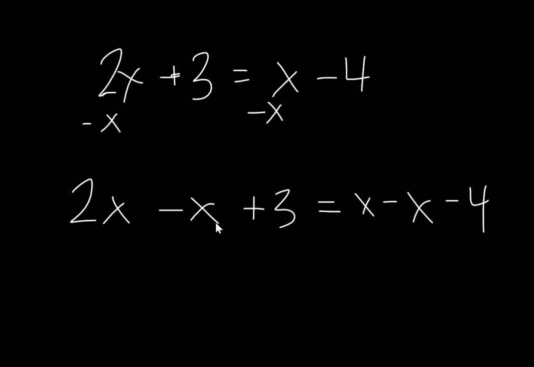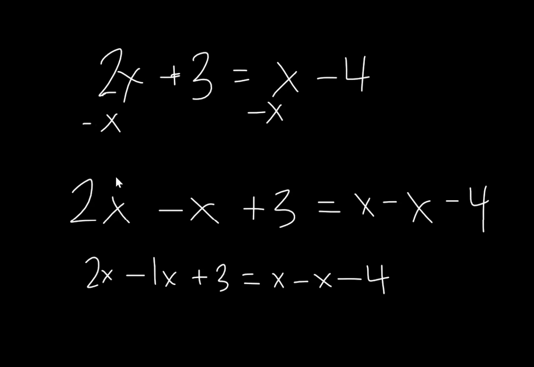2x minus x. 2 of something minus 1 of something is equal to just 1 of something. We can think of this as 2x minus 1x plus 3. Now that we have 2x minus 1x, we're left with just 1x. 1x is equal to just x.